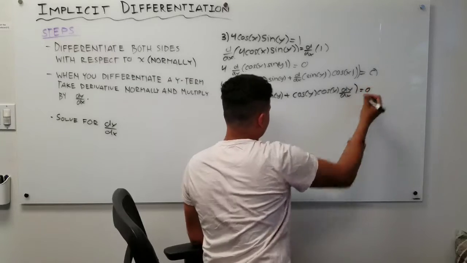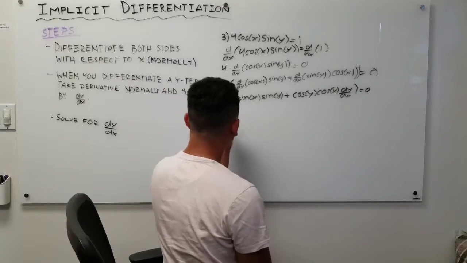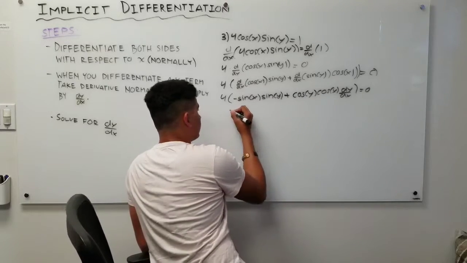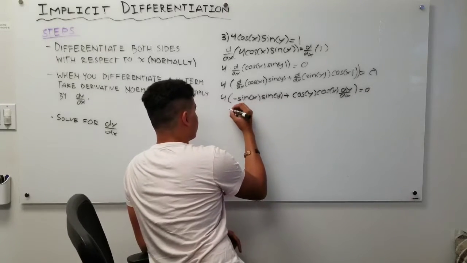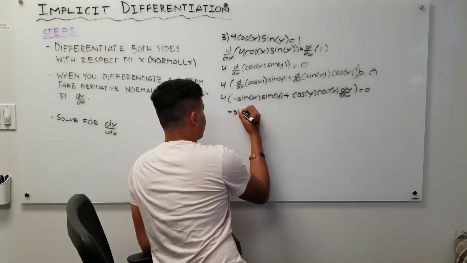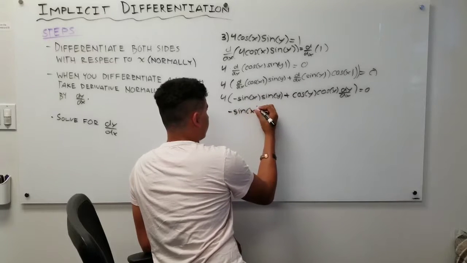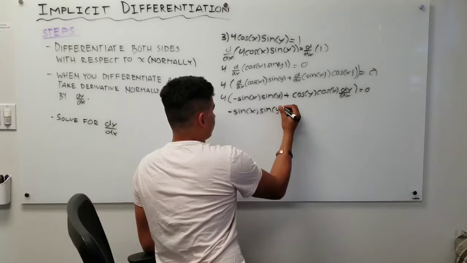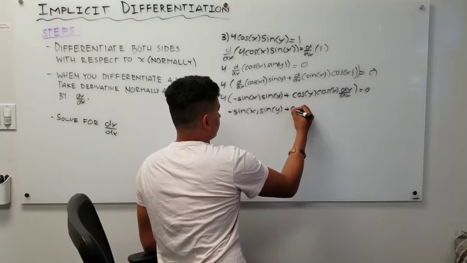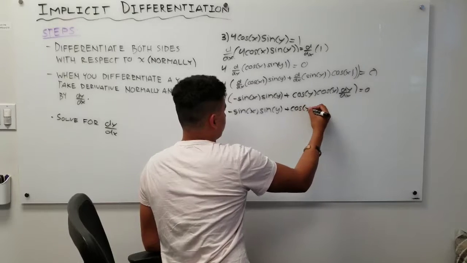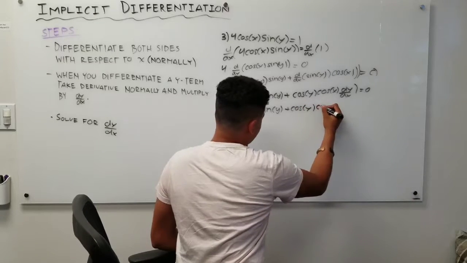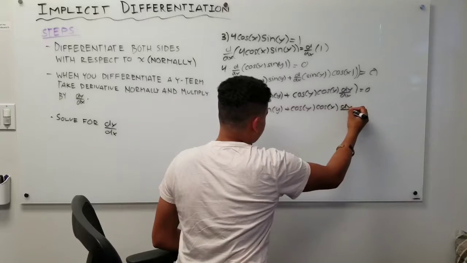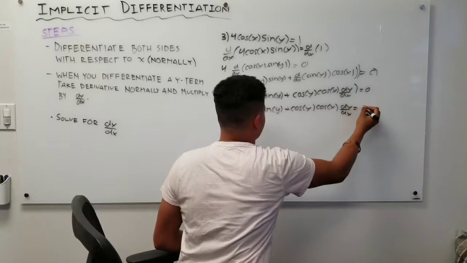And it's equal to 0. So if we divide 4 by both sides, you're still going to end up with a 0 on that side, because 0 divided by anything is 0. So we're going to have negative sine x sine y plus cos y cos x dy dx is equal to 0.